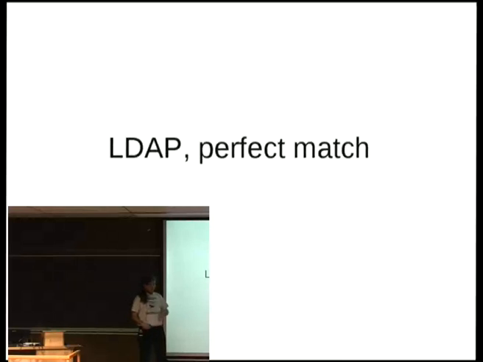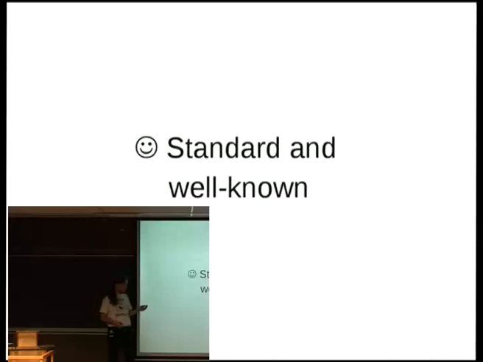And finally, the only thing we could use is LDAP, which was a perfect match. Because this is a standard, it is well known, and we do not have to train people. Usually they can train themselves or at least be trained by their job or something else, which is better for us.